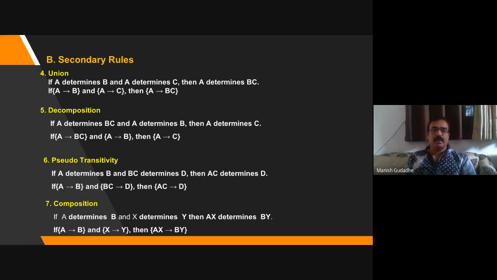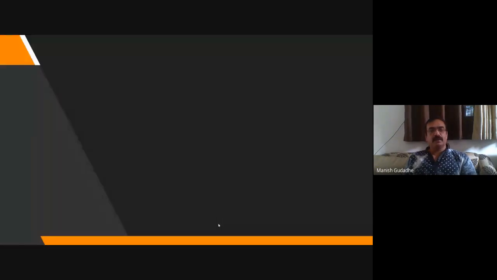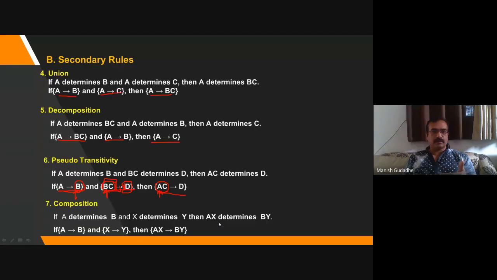That means AX is determining BY. This is also possible. In this way, these are the rules which are inferring different FDs which may hold on the data set.